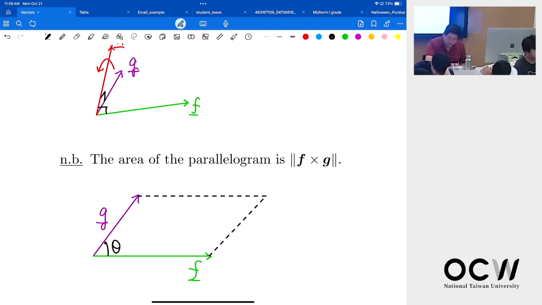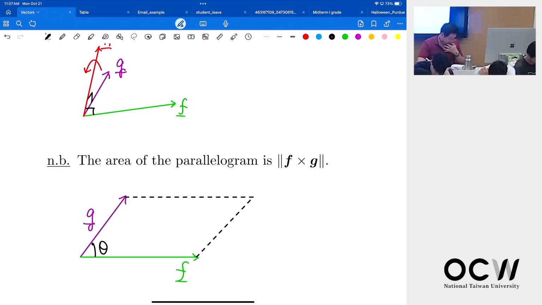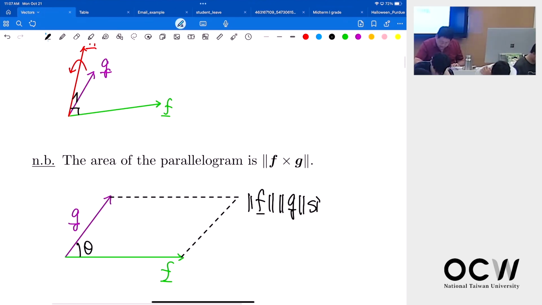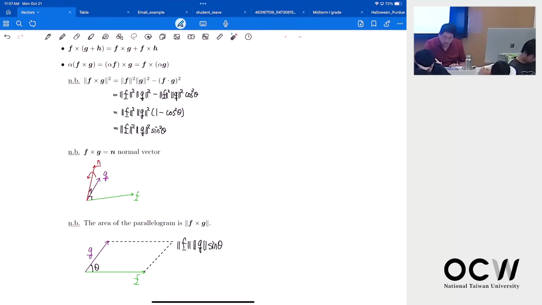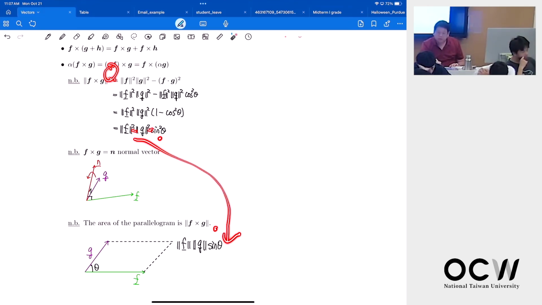So this is equal to the product of the two norms times sine theta. Because if I have a square, then I have a square here, right? So if I take the square root, then it is the product of the norms times sine theta.